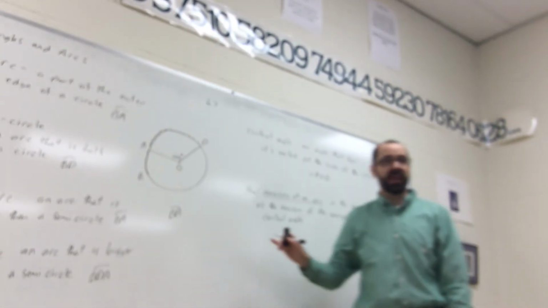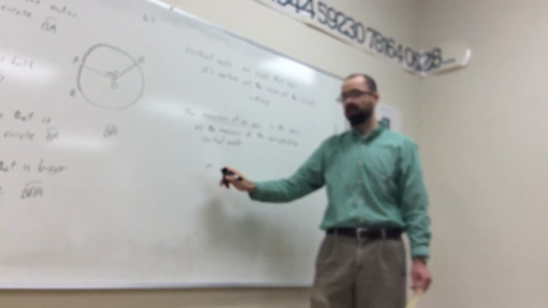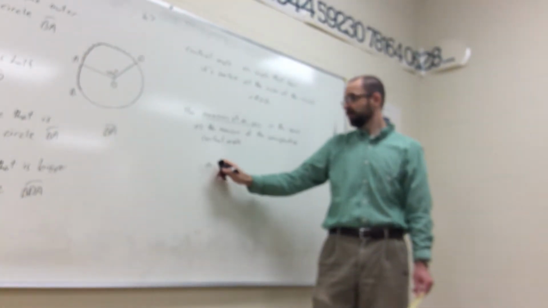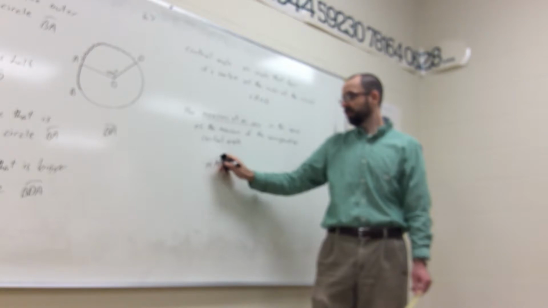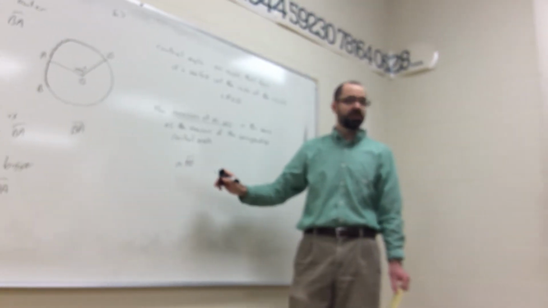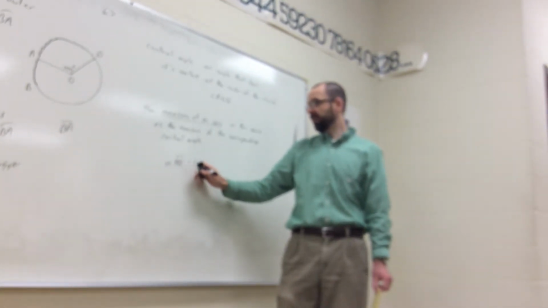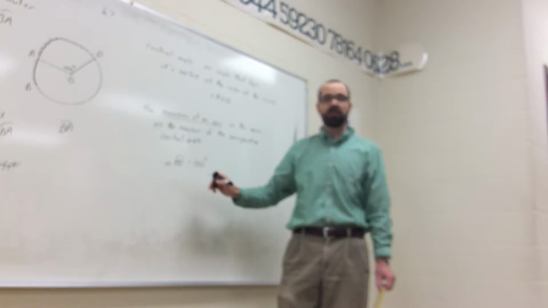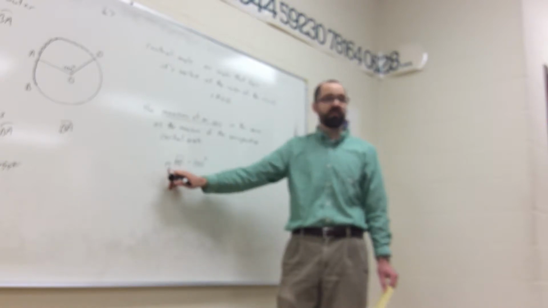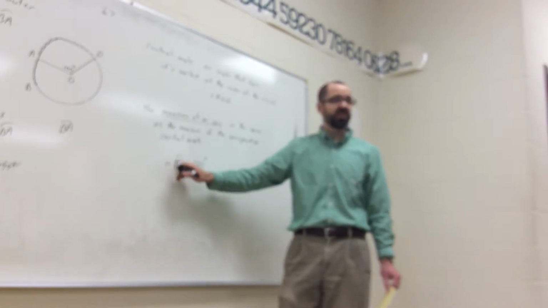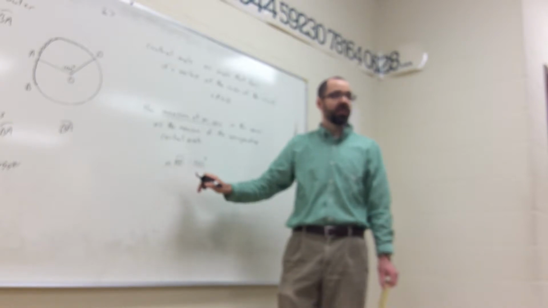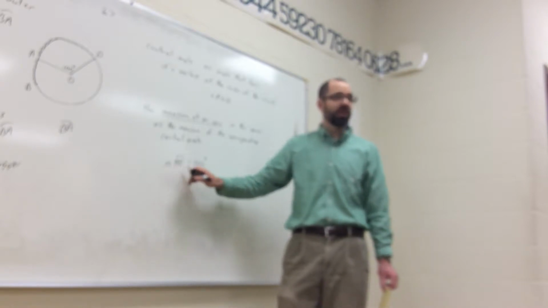So the way we write that down is we say the measure of the arc is 100. So the M stands for measure. Those symbols stand for the arc. So we're saying the measure of the arc is 100.